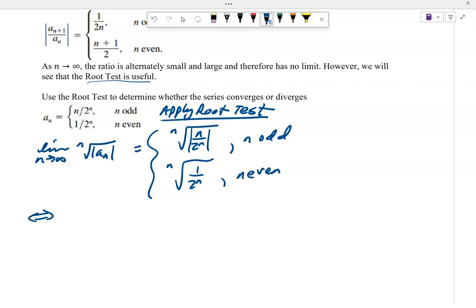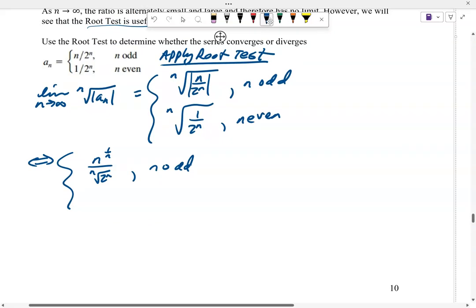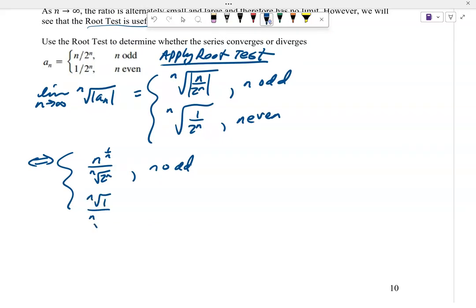And so we've got n to the 1 over n, and the nth root of 2 to the n is just 2. That's where n is odd. And then we've got the nth root of 1, which is just 1, over the nth root of 2 to the n.